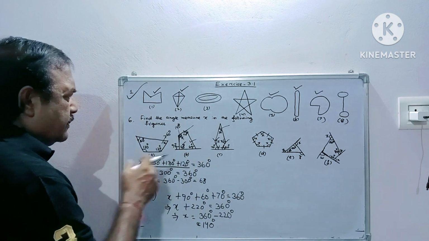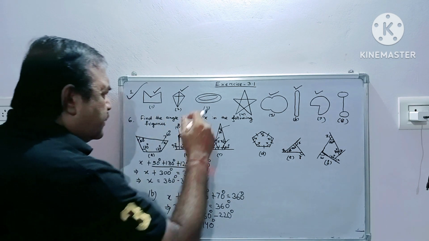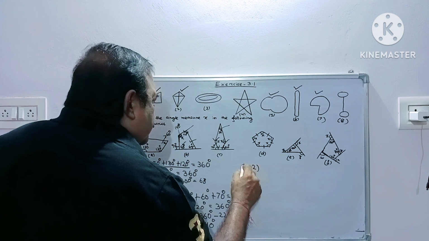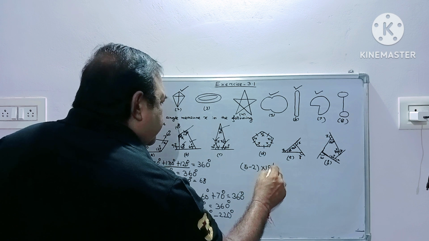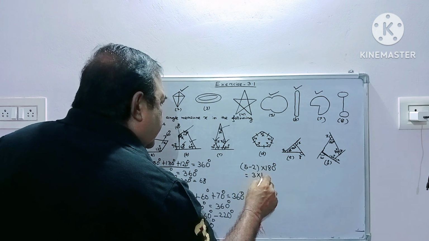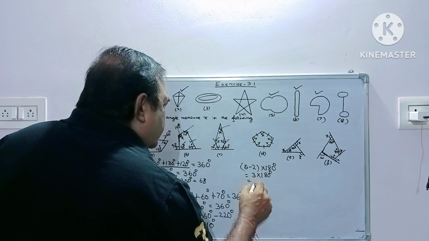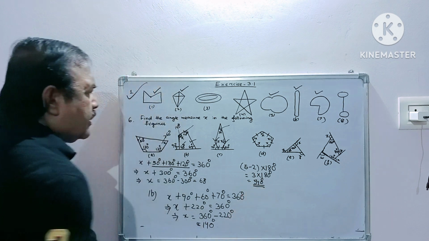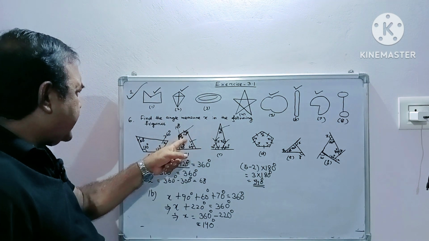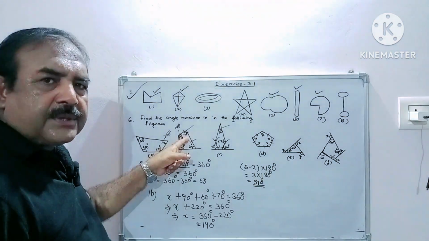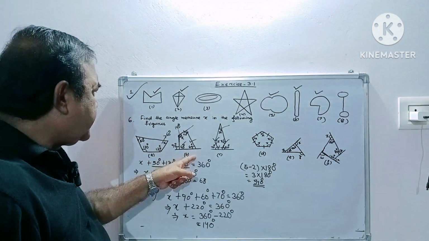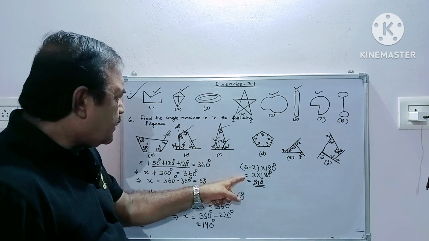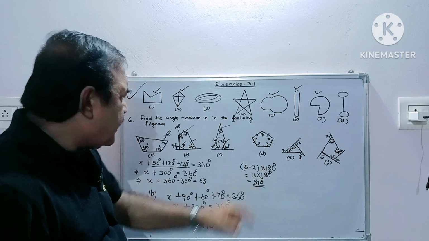So what formula will we apply here? (5 minus 2) into 180 degrees, that is 3 into 180 degrees, that is 540 degrees. It is not a quadrilateral. In case of a quadrilateral, the sum of the measures of the interior angles was 360 degrees, but it is a pentagon, so the sum of the interior angles will be 540 degrees.